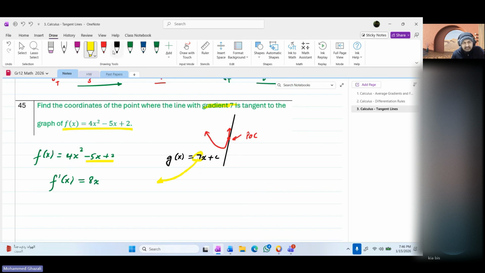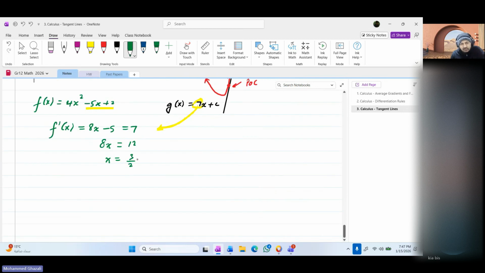The slope of this is -5, and that must be equal to 7. So 8x is equal to 7 plus 5, which is 12. So x is now equal to 12 divided by 8, which is 3 over 2.